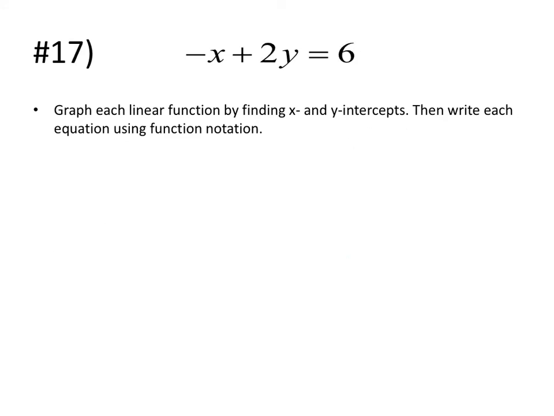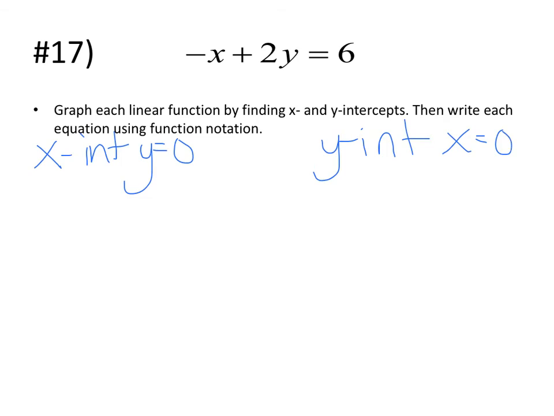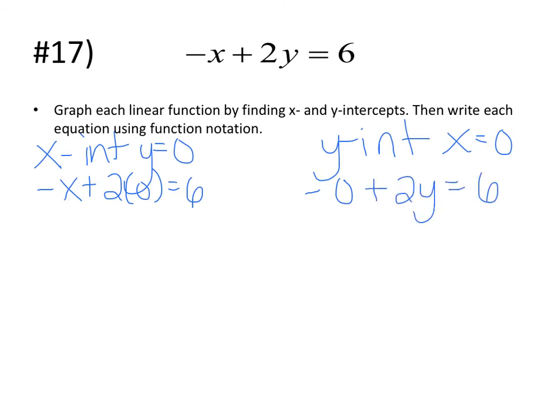All right, graph each linear function by finding the x and y intercepts. Again, in order to find your x-intercept, you're going to say y equals 0. In order to find your y-intercept, you're going to say x equals 0. So I'm going to say negative x plus 2 times 0 equals 6, and then negative 0 plus 2y equals 6.